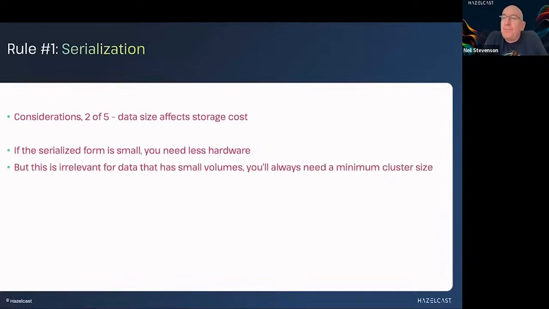Money. Serialization. If you serialize an object, you're flattening it down, and how you flatten it might result in different sizes depending on the different algorithms. So that's going to cost you. Simplistically, if it compresses to a small size, then it's not going to cost as much money. Perhaps it's about hardware, because you need the machines.